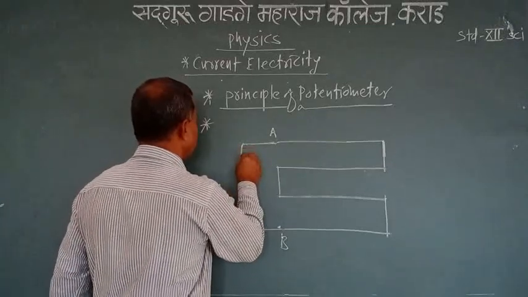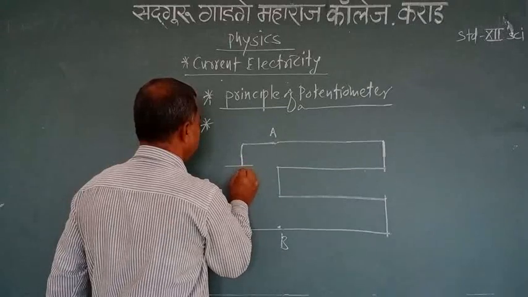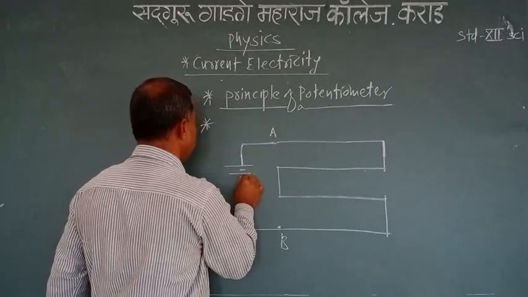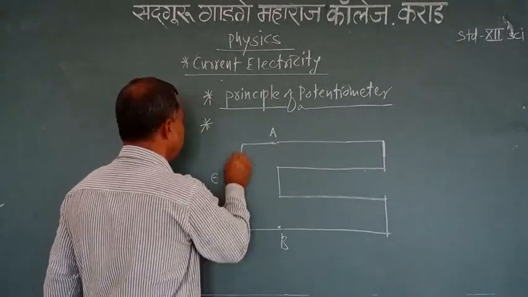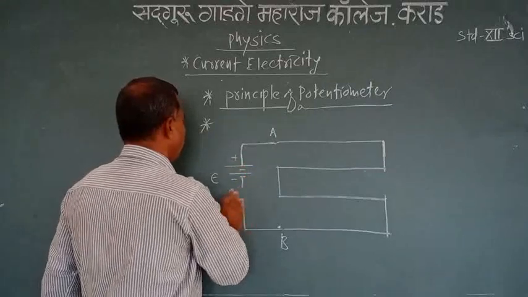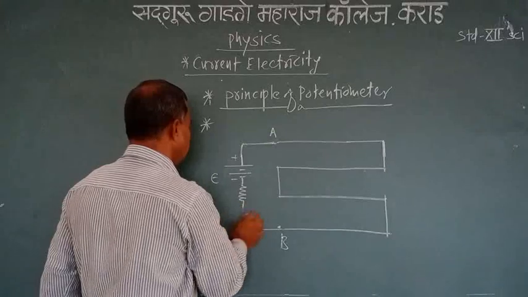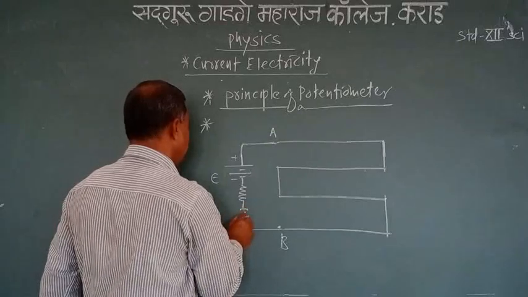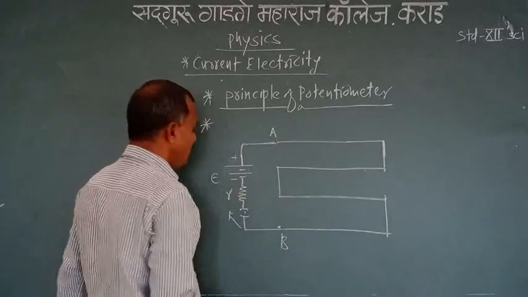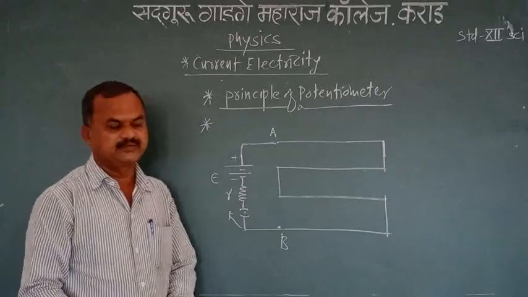Connect a source of EMF, that is a battery, having EMF E and internal resistance r, and this is the plug key K, across the wire AB.